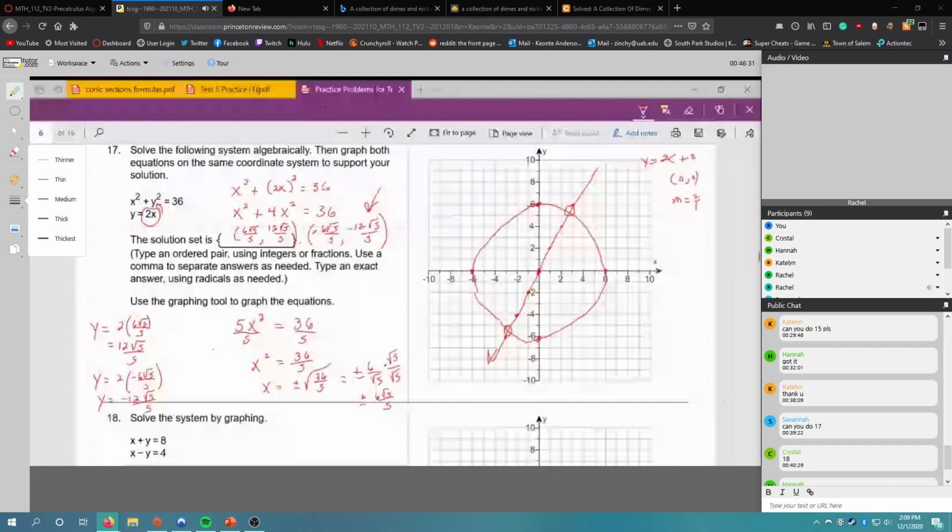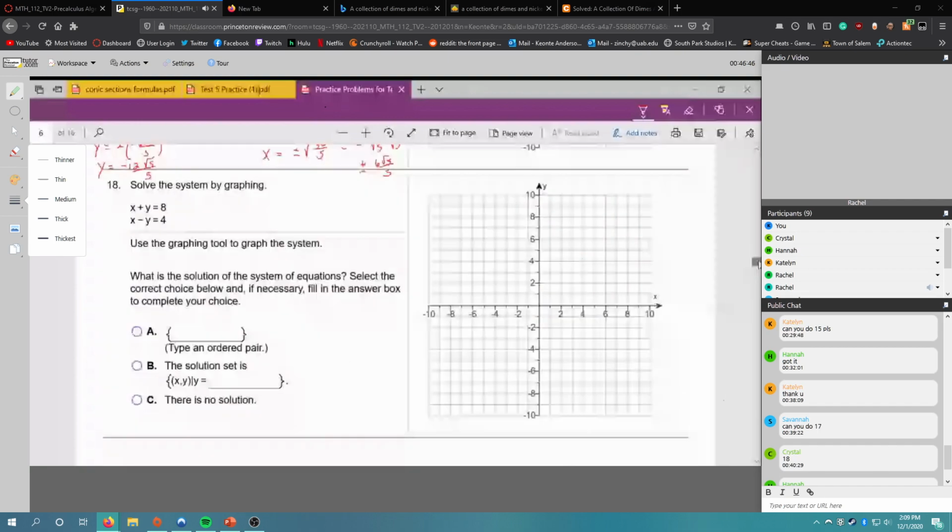All right, and then somebody had asked for 18. All right, so if I just use the x and y intercepts for this one, it would be easier to graph it. Or I can solve for y, it doesn't matter.